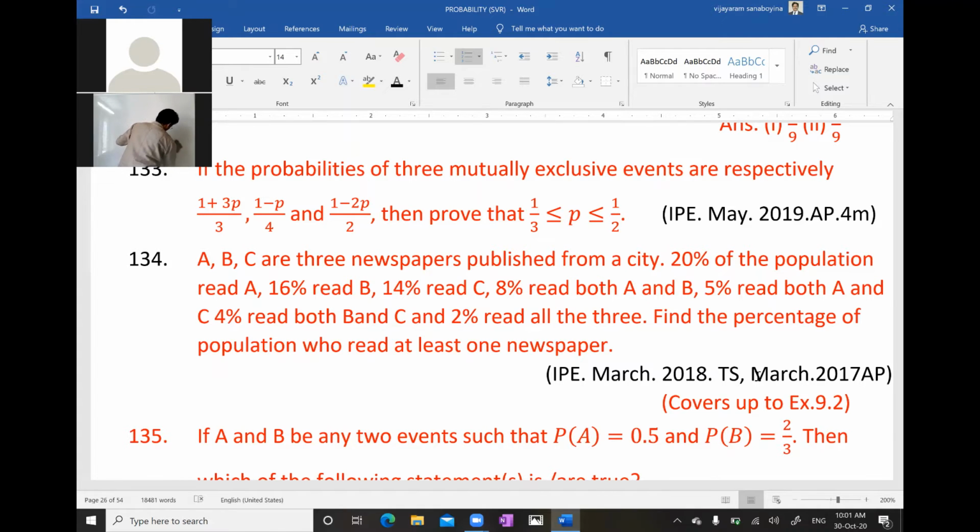Yes. Come to the next problem, yes, see that. So directly you can solve it with the help of a Venn diagram. No need to explain too much on this. 3 newspapers are there. Question number 134, my dears. Okay. Better Venn diagram.